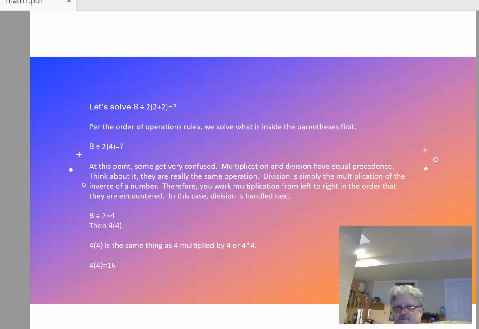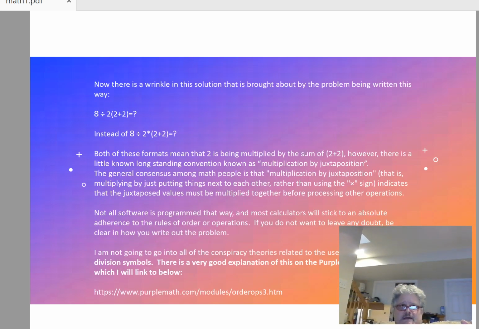That comes before 2 times 4 in this problem. So the first thing we've got to do is handle the division. 8 divided by 2 is 4. That leaves us with 4 times 4. So 4 times 4 is 16. So the correct answer to this problem is 16.